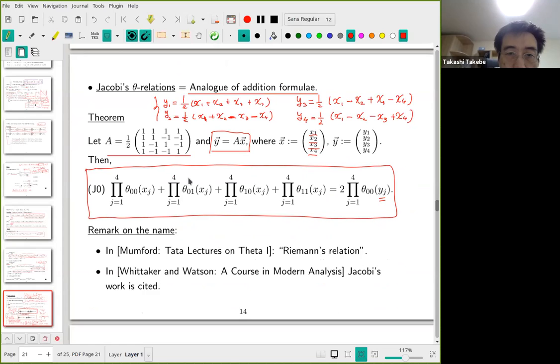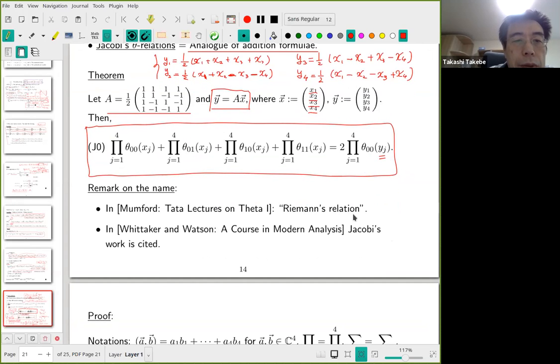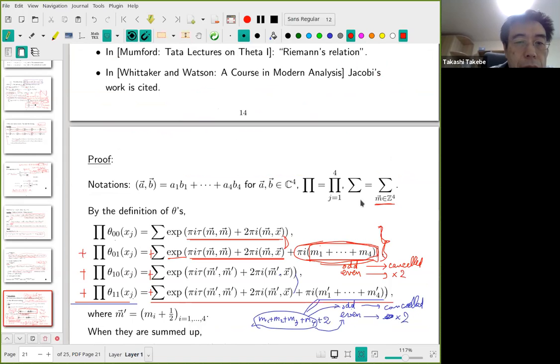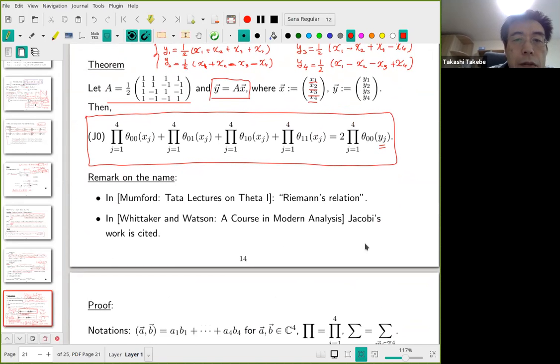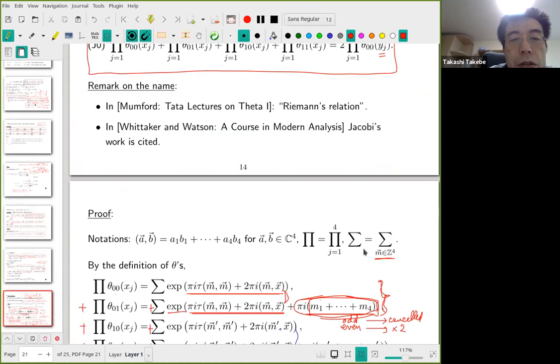Here, x is just variables, and y's here are defined by this, namely these are essentially sums of x's. We can prove this in various ways. For example, we can compare periodicity of both sides, and we can check that they have the same zeros.